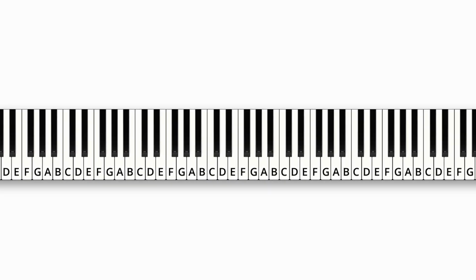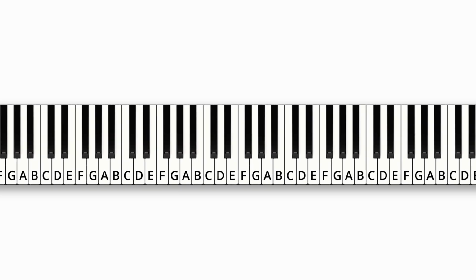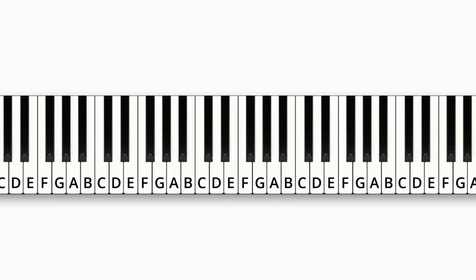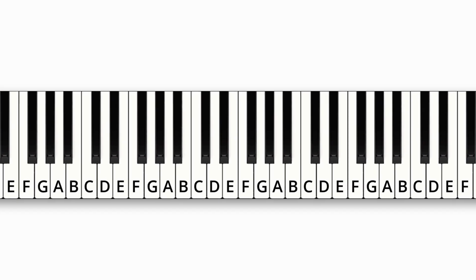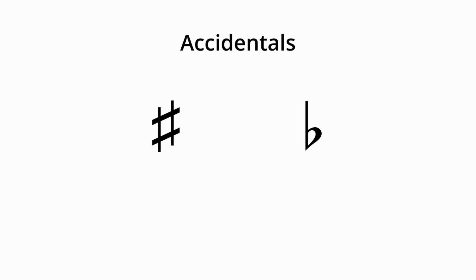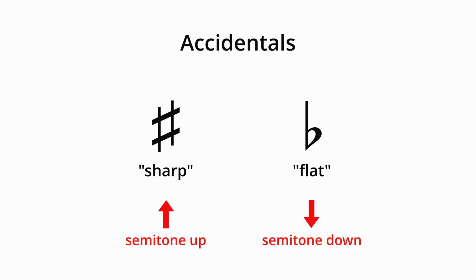And here's even more good news. You don't have to learn any additional letters for the black keys, because they don't actually have their own letters. They're simply named after the white keys next to them. For this purpose, we use 2 musical symbols, so-called accidentals. A sharp raises a note by a semitone, while a flat lowers it by a semitone.